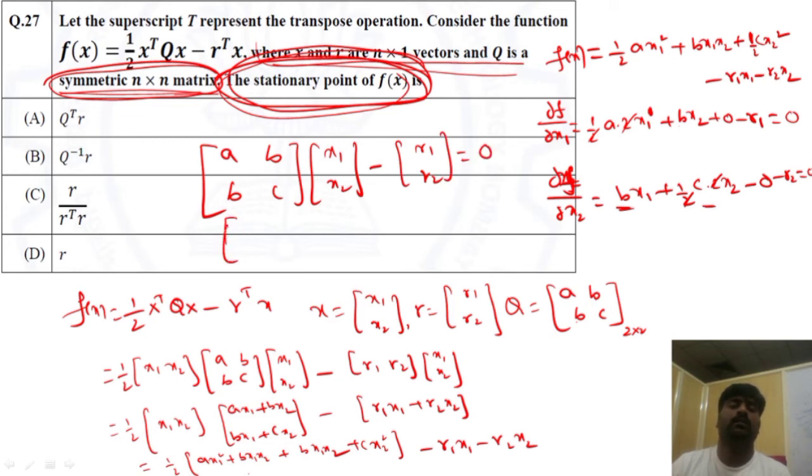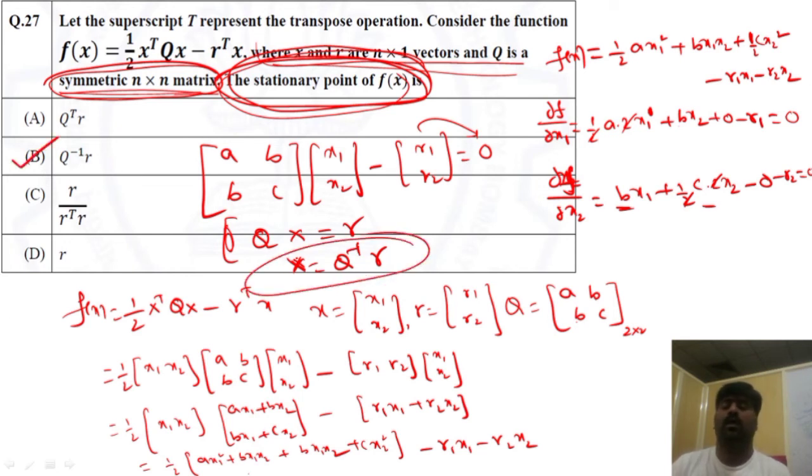Nothing but this will be Qx equal to r, this goes to this side, so x equal to Q inverse r. Okay, so option B is correct. So that's about stationary points.